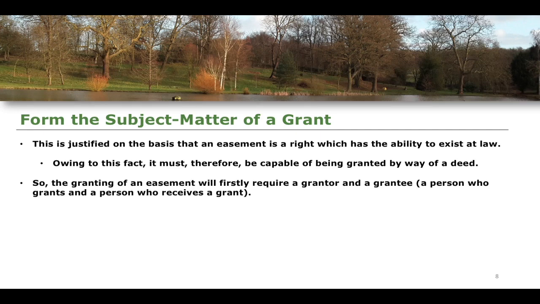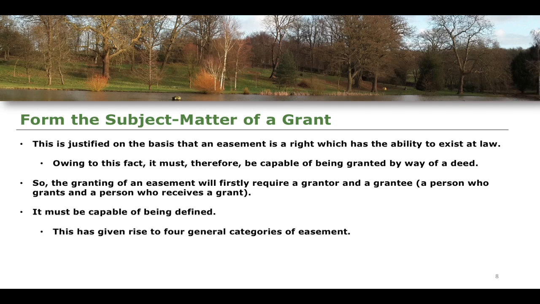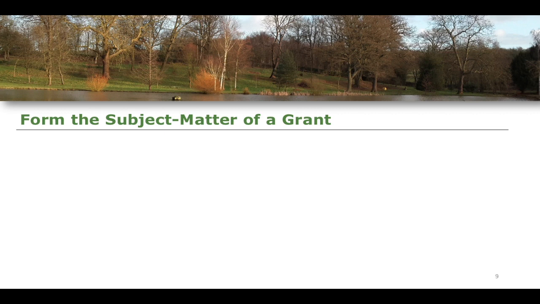And so the final requirement, therefore, means that the granting of an easement will firstly require a grantor as well as a grantee, a person who grants and a person who, therefore, receives a grant. And it also must be capable of being defined. This has actually given rise to there being multiple different categories of easements. And these categories are as follows.